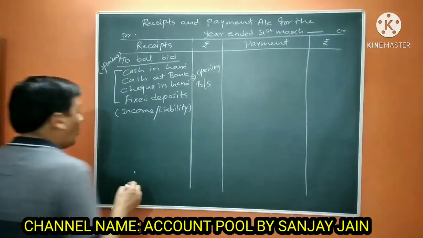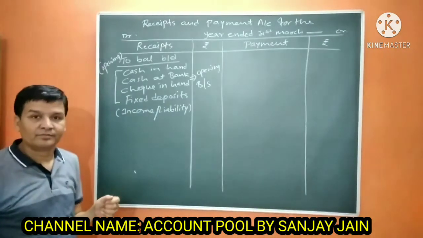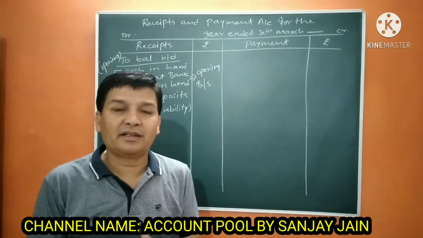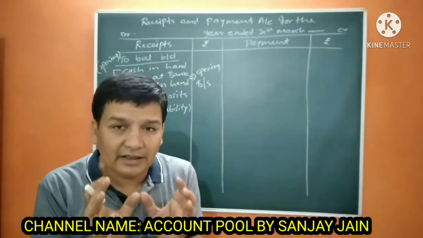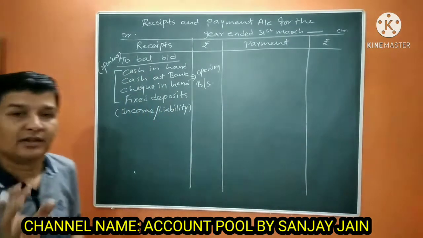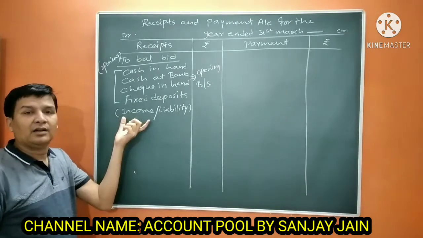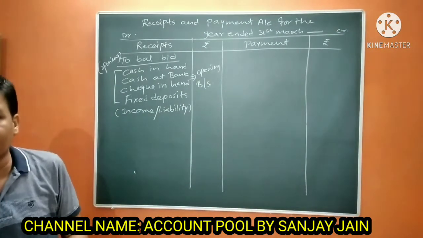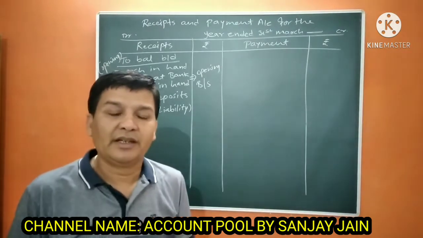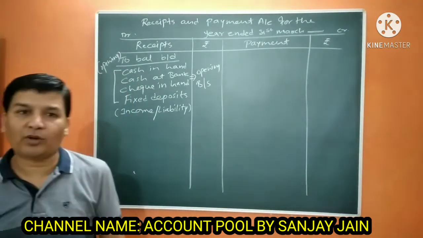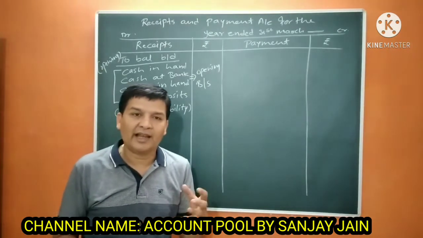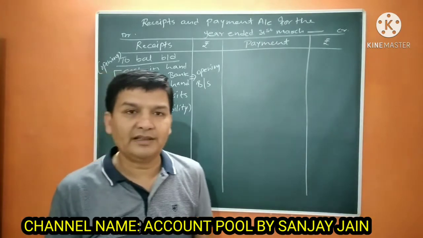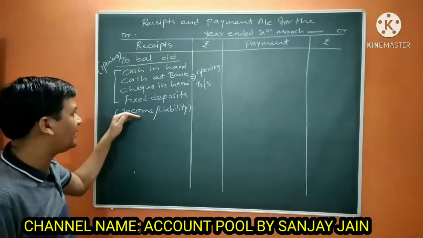Now, what are incomes? How are we going to bifurcate the income? Income means our revenue receipts, whereas liabilities are our capital receipts. Like entrance fees, which we take again and again. It is recurring in nature, so it is our income.